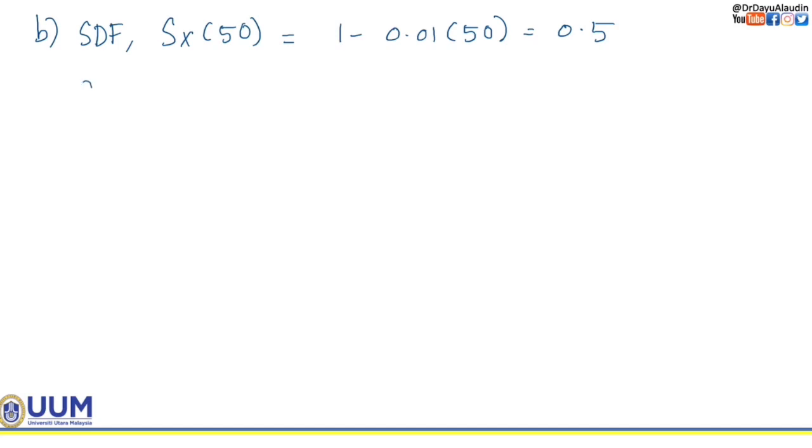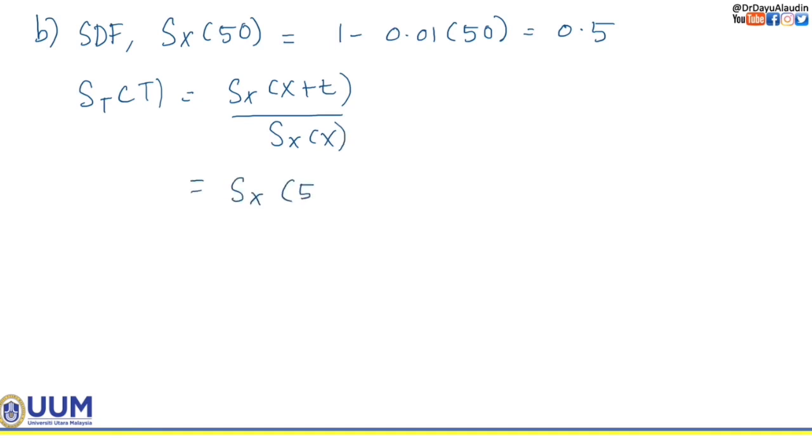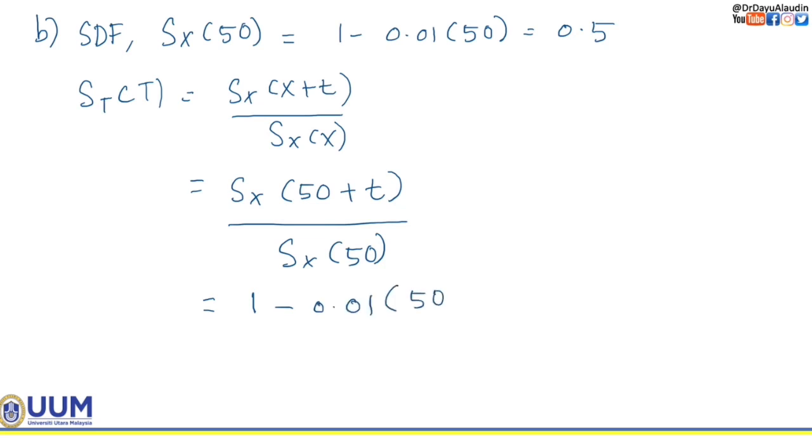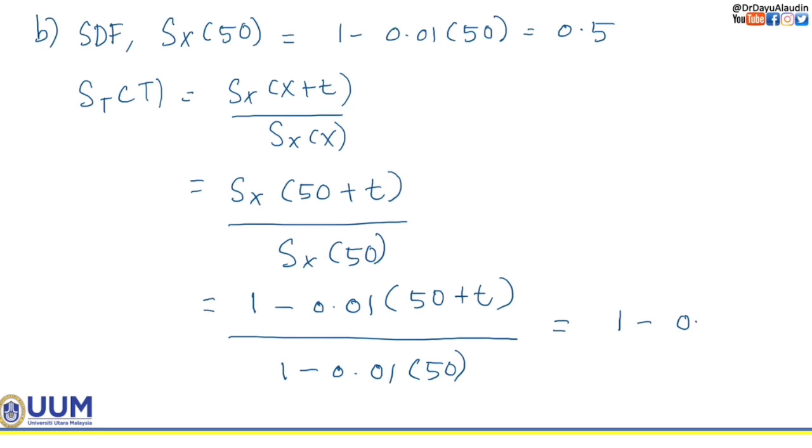So the SDF for future lifetime, we substitute x with 50 and we get S(50 plus t) over S(50), or we can straight away put 0.5. So then we get 1 minus 0.02t.